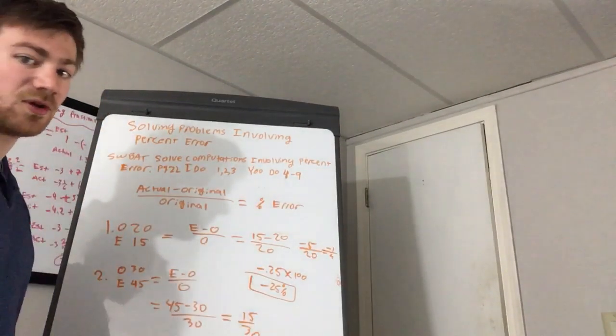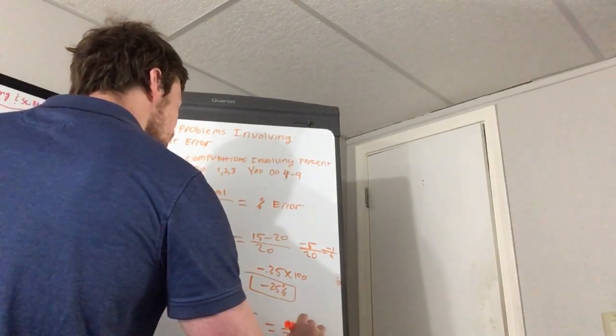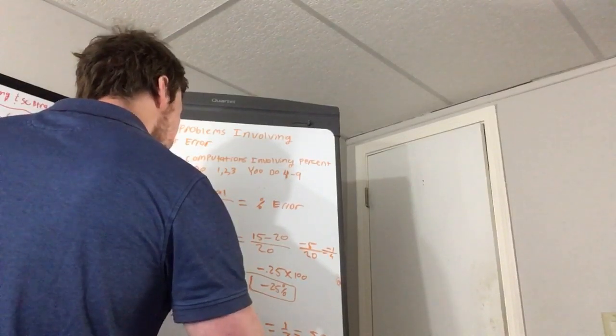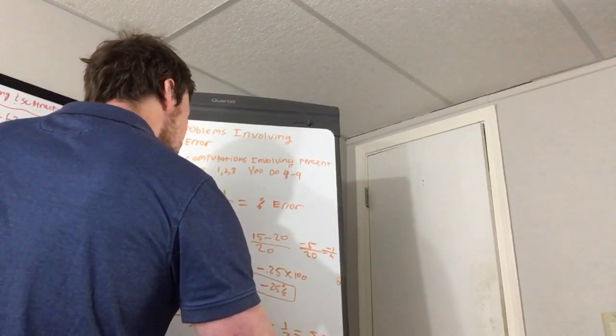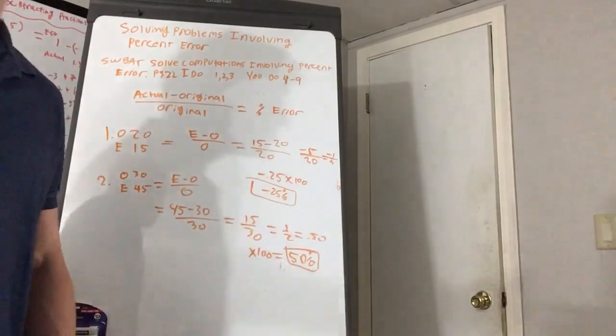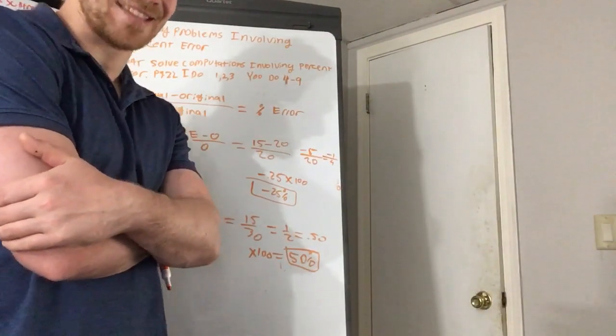Simplify this, everybody should know 15 over 30 is 1/2. 1/2 is 0.5 as a decimal. Multiply that by 100, you'll get 50%. Your error was 50%. That's a bad error. You were 50% off. You scored 50% off on a test. Is that an F? Yeah, it's an F, guys.